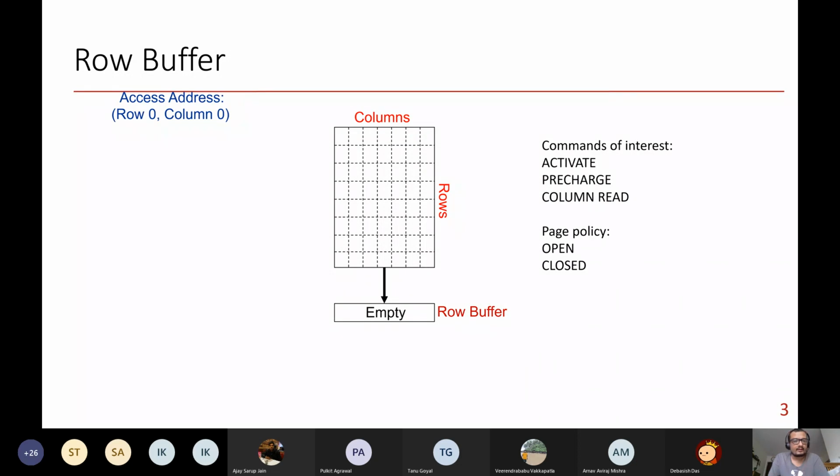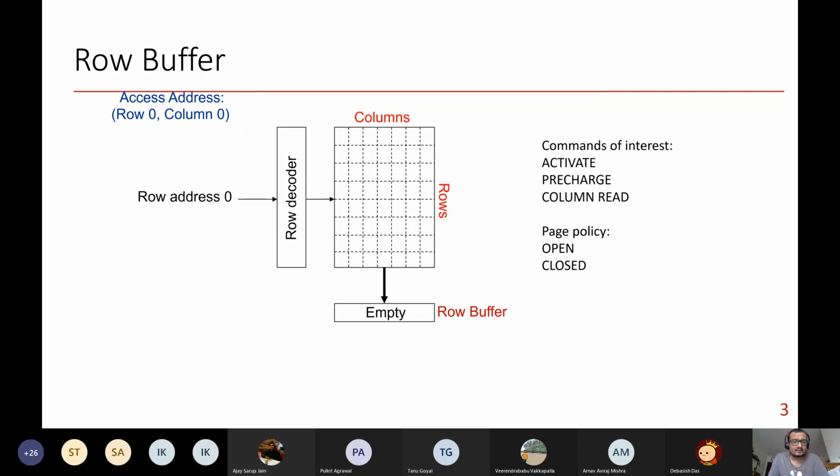And let's say these are the requests that you are getting from your processor. That means you are getting a miss at the last level cache. And there is some address mapping that finally tells you, you have to go to bank number 0, row number 0, and column number 0. In this case, as there is nothing in the row buffer, you actually get a miss.